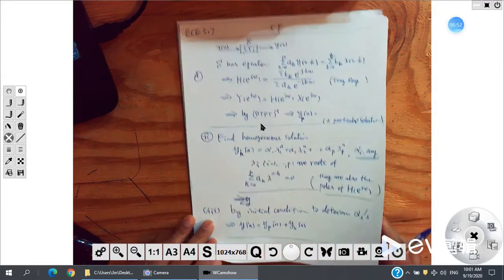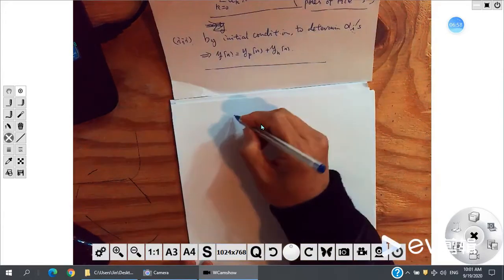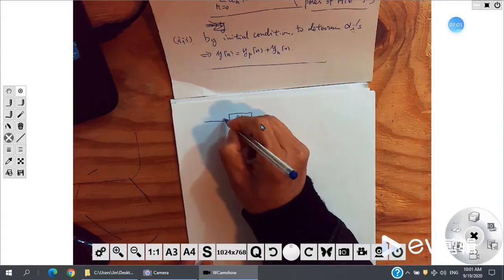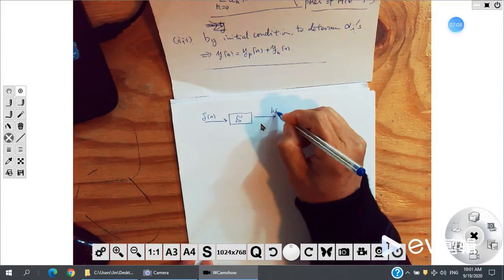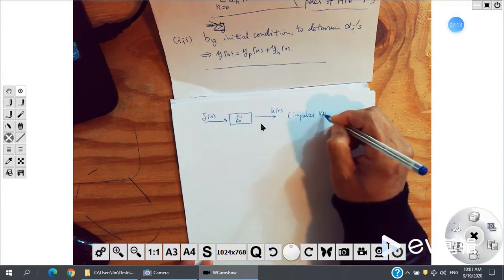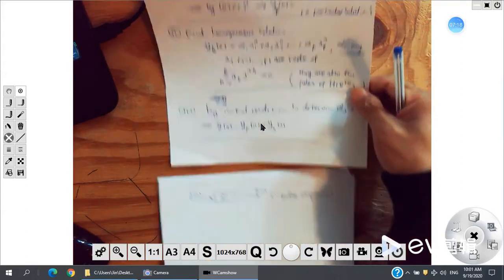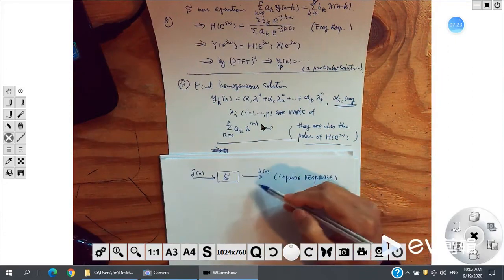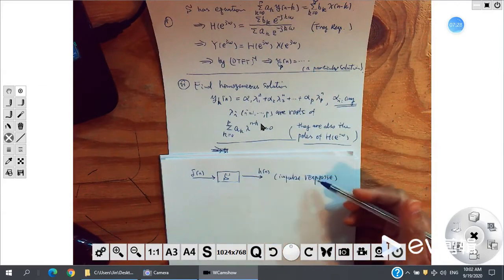Then here we have several things we have to mention. We know the impulse response: we considered the same system with delta[n] as input, and the output will be h[n], the impulse response. However, according to this method, the impulse response will depend on the initial condition. Different initial conditions can give different impulse responses.